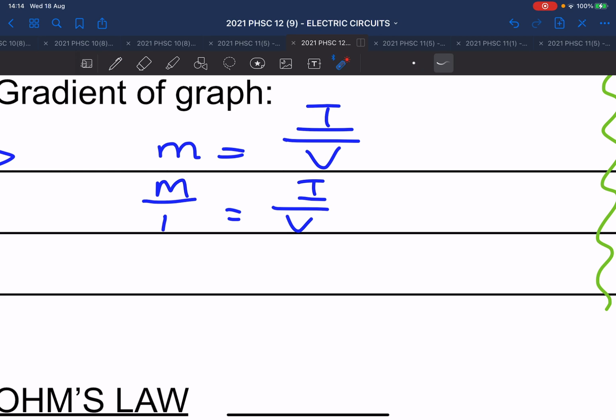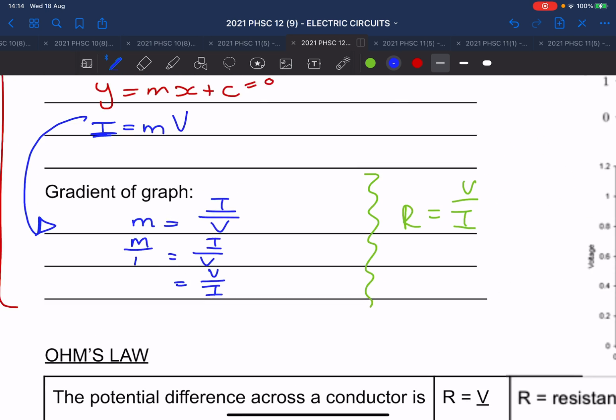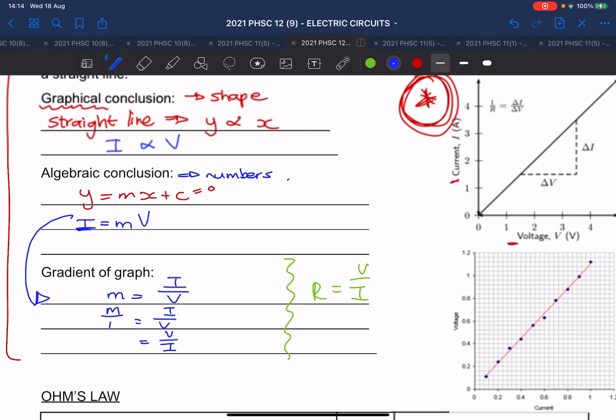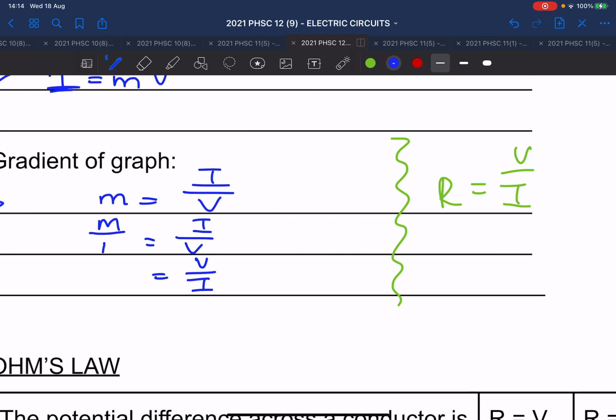Isn't it the same thing? It's exactly the same thing. But what I want to show is that if you say you have 2, or you say you have 2 over 1, it is the same thing. I know that if I flip the right side around, V over I is equal to resistance.